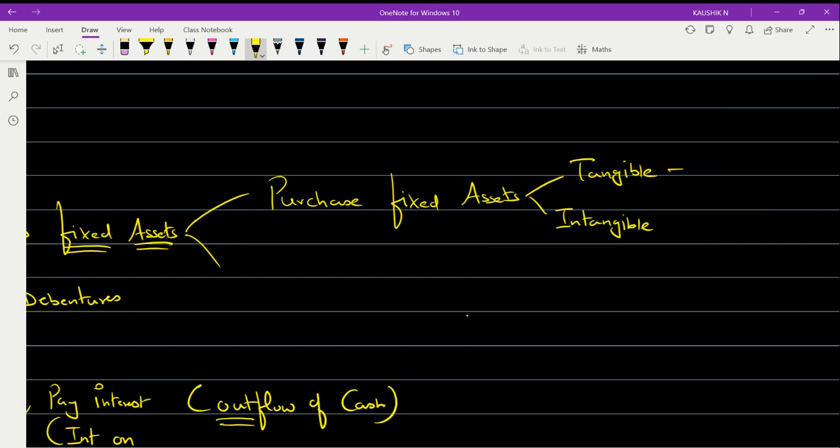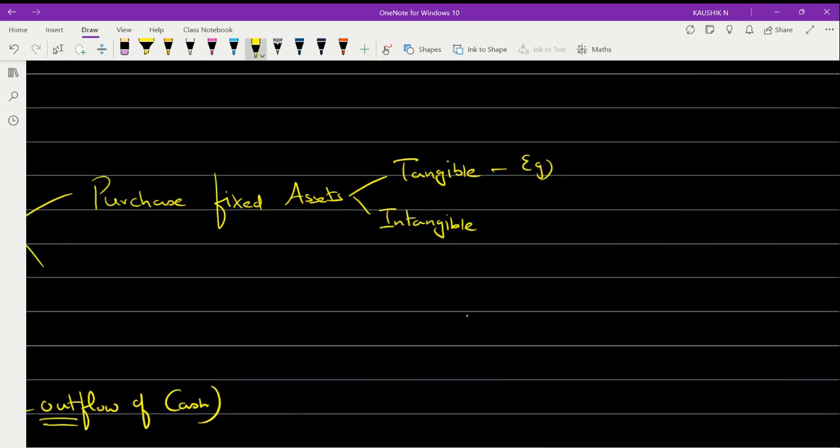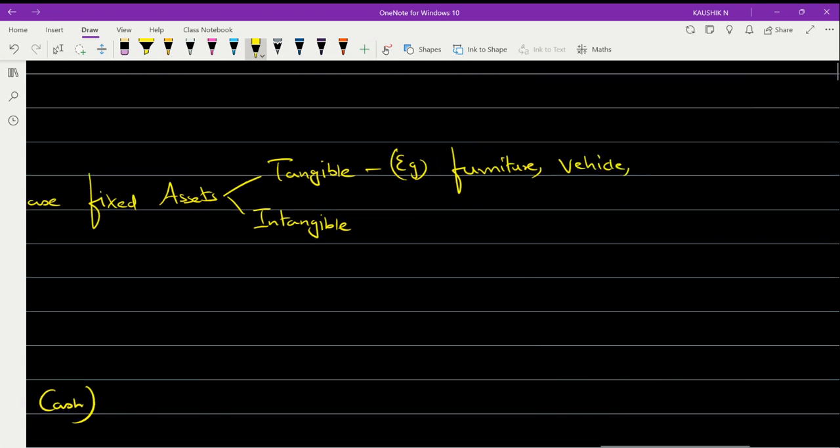When I say tangible, examples are plant and machinery, furniture and fittings, vehicle, building, all those things.